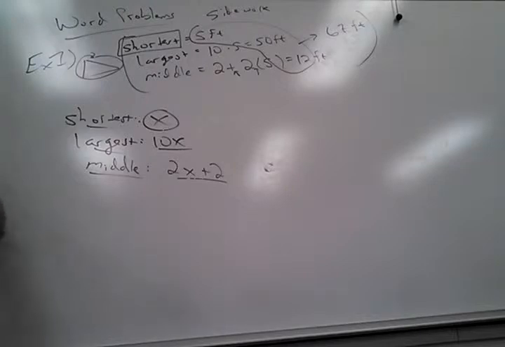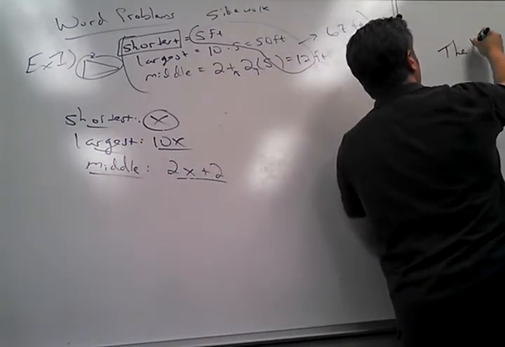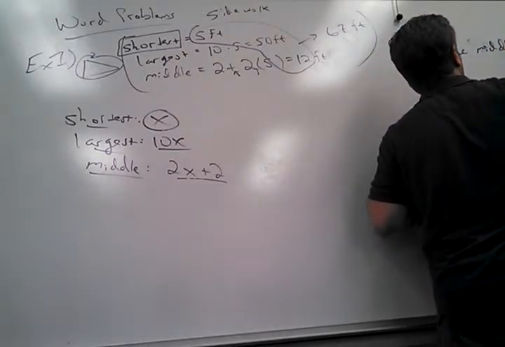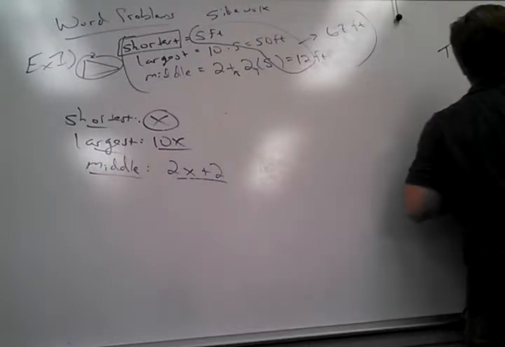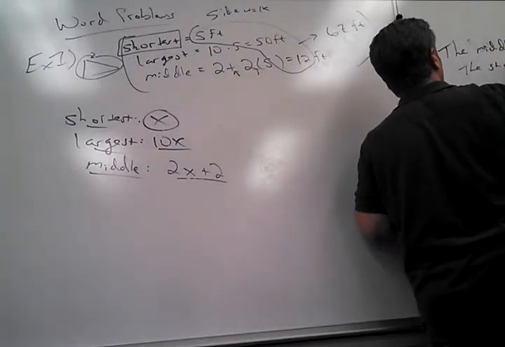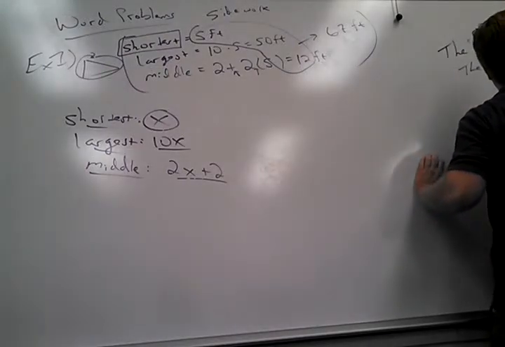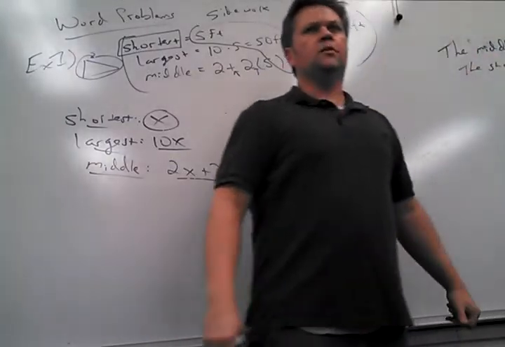So the shortest would always be x? No. If I had a problem, real quick, don't write this down: the middle side is half the largest, and the shortest side is 20 less than the largest. Just think about this.